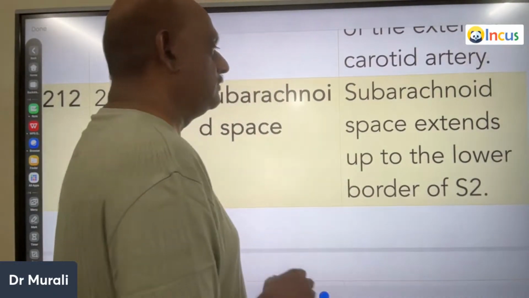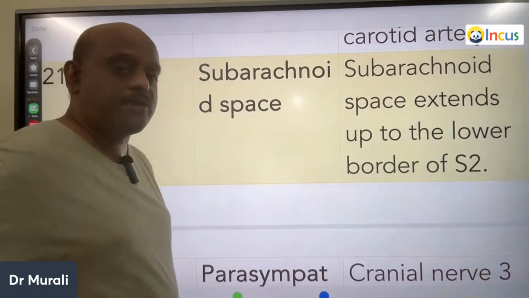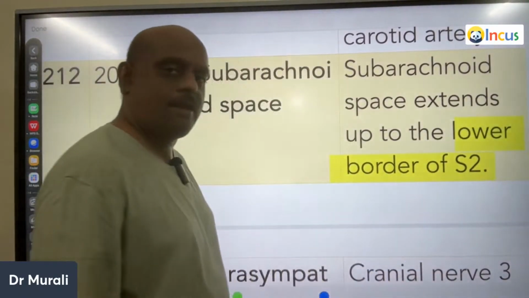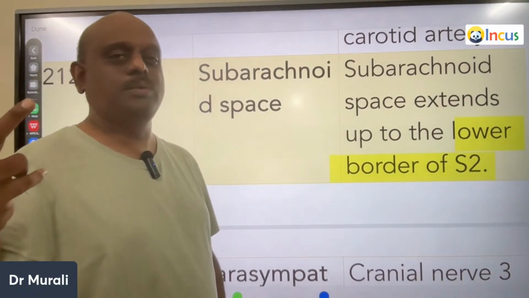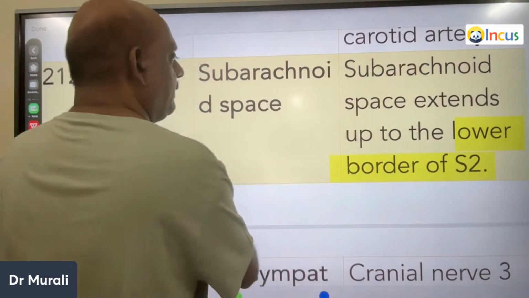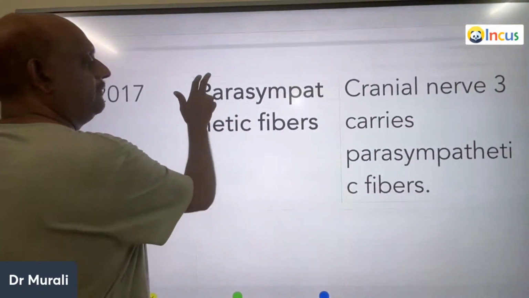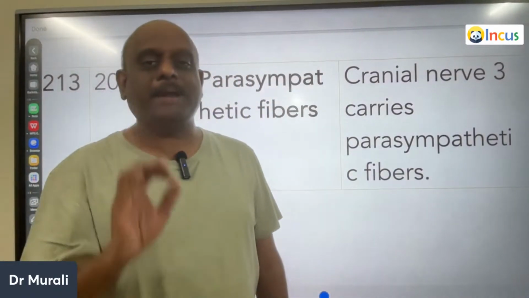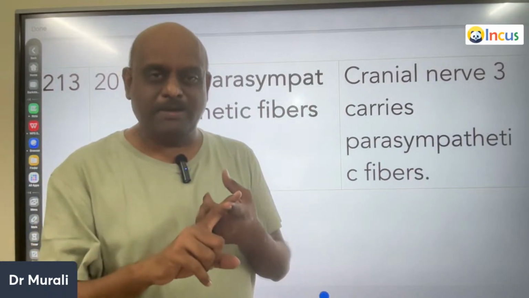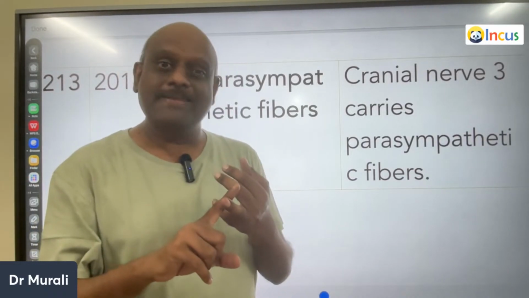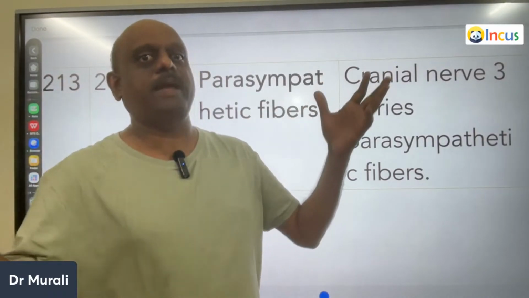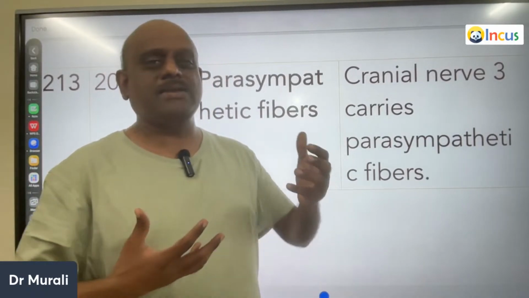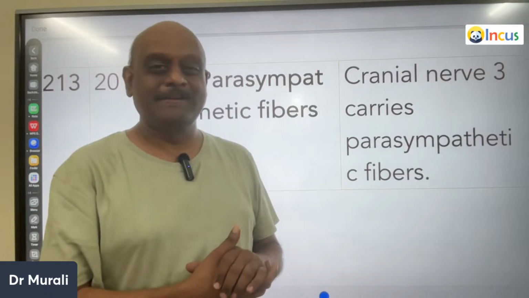Right, doctor? Now, the subarachnoid space extends up to the lower border of S2, the anatomical level up to which the subarachnoid space extends. So cranial nerve 3, what are all the cranial nerves that carry parasympathetic fibers, doctor? 3rd, 7th, 10th. 10th is vagus, one of the major parasympathetic supplies to the heart and gut, peristalsis, everything is vagus.